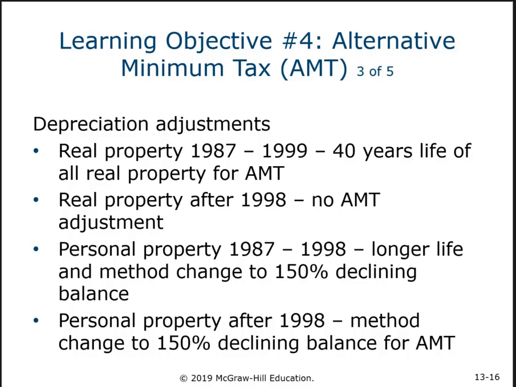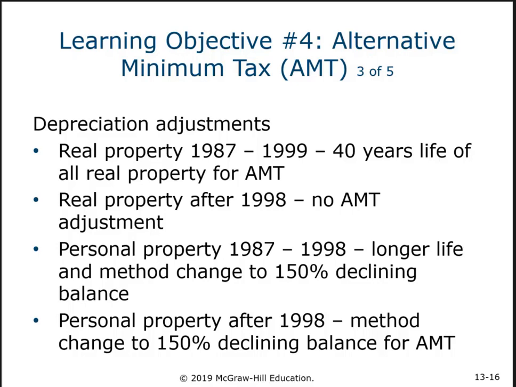Now, some other things could come up. There are some differences in how we calculate depreciation. You'll remember back in Chapter 6, that's pretty complicated. Fortunately, if you use bonus or special depreciation or Section 179, you don't have much adjustment, because the AMT doesn't get rid of that. But if you use regular property, there are some adjustments, but a lot less than there used to be. For instance, for real property after 1998, there's no AMT adjustment.